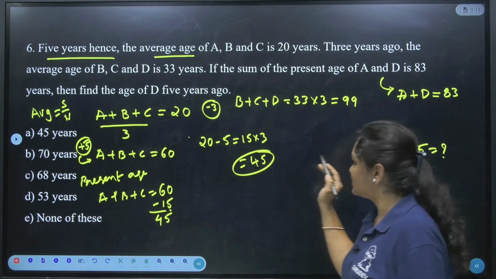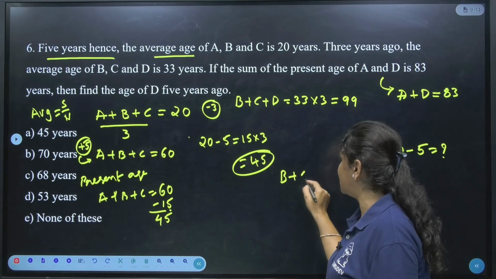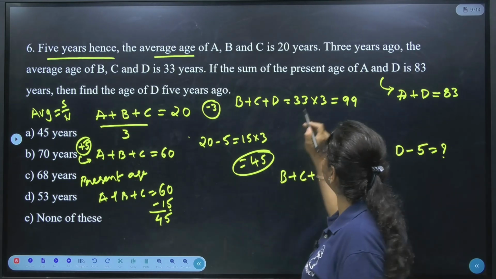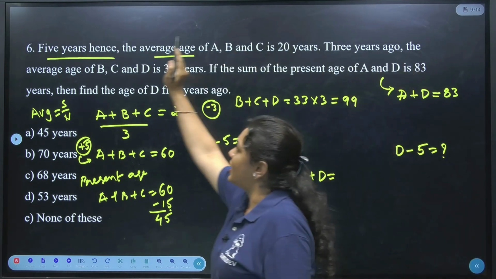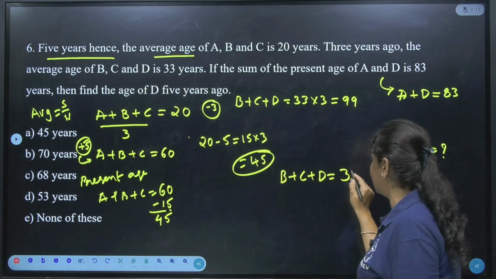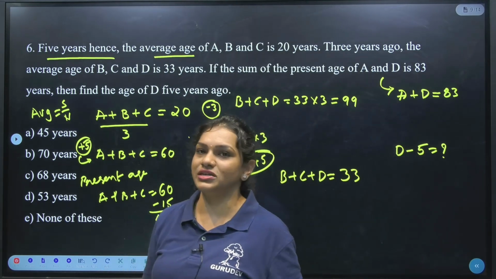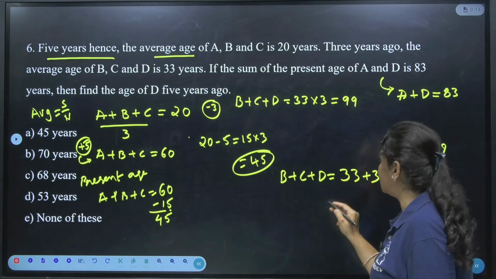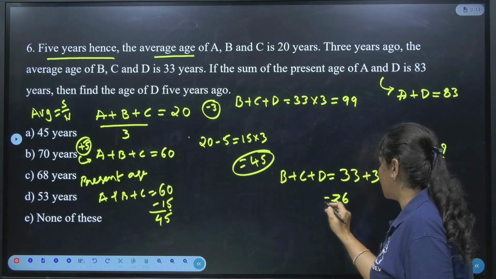But now, if I apply this concept, try to understand B plus C plus D, which is equal to totally how much, what age they have given. 3 years ago, the average age of B, C and D is 33, they have given. 3 years ago they have given 33, in the sense to get the present age, what can we do? Plus 3, am I right? Yes. If I do plus 3, how much will I be getting? It is 36. Is it clear?